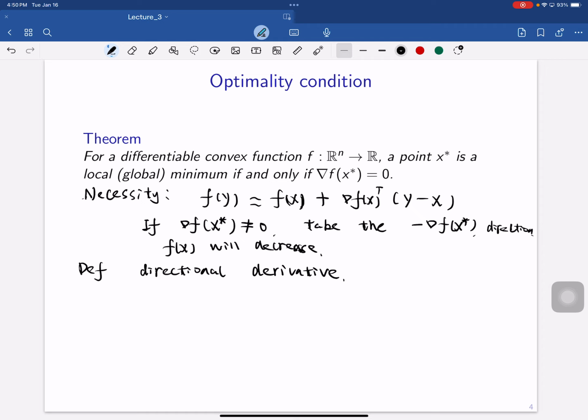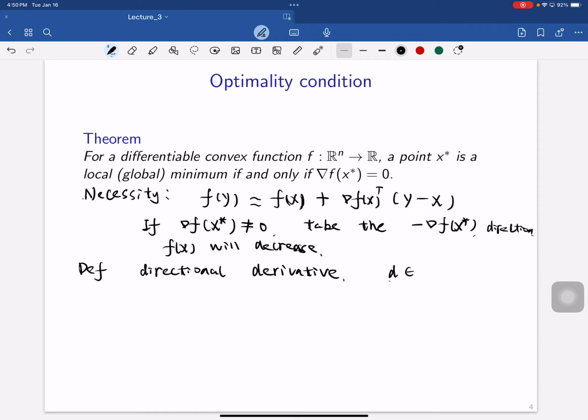In high dimension, it's more complicated. If you just want to use a number to represent how this function changes with respect to a given direction, you can define a direction.